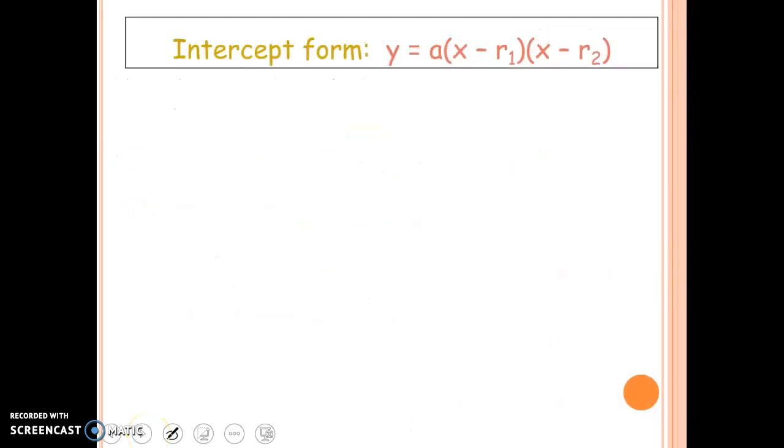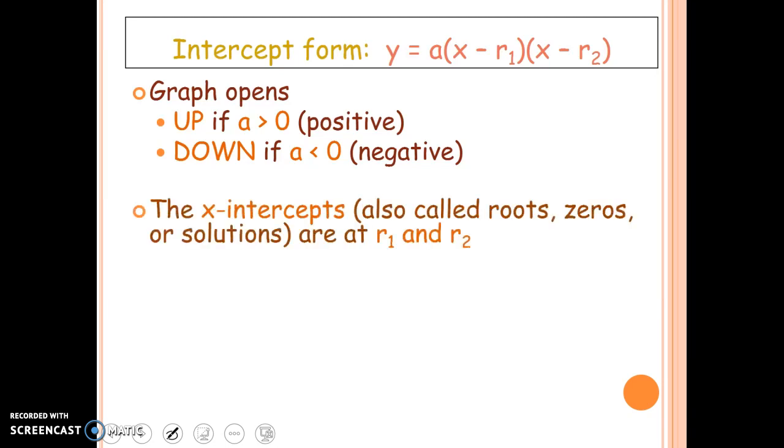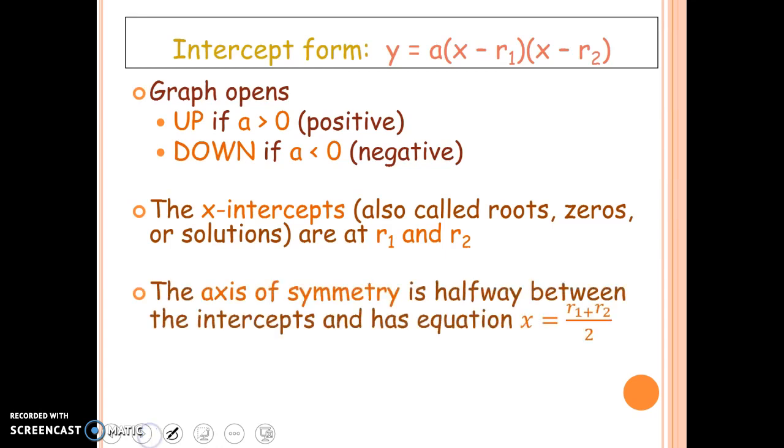Now let's look at intercept form. Intercept form is of that form up above, and so the a value still represents whether it opens up or down. But the x-intercepts, which are also called roots, zeros, or solutions, we can use all of that academic vocabulary to represent the x-intercepts. The x-intercepts are going to be at R1 and R2.